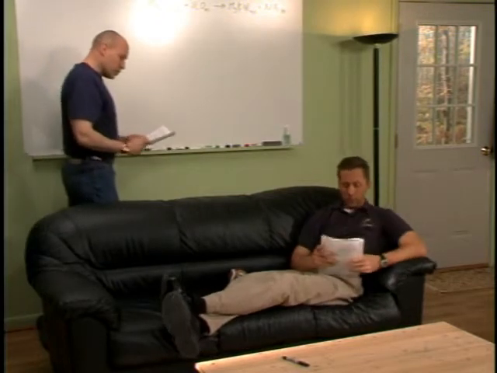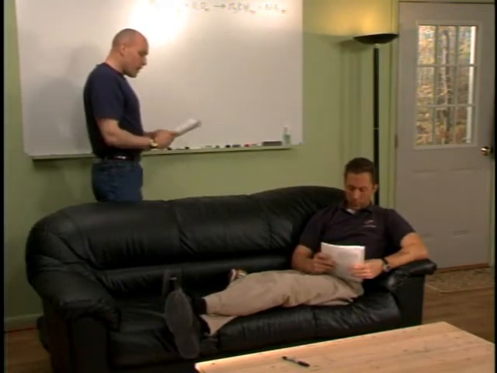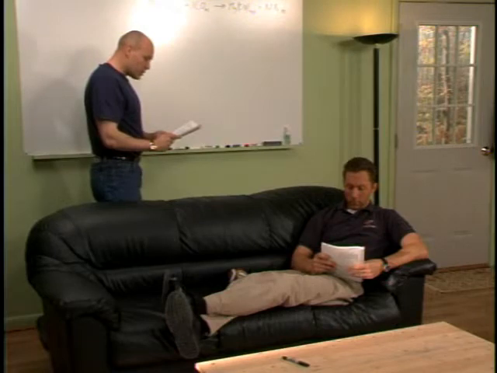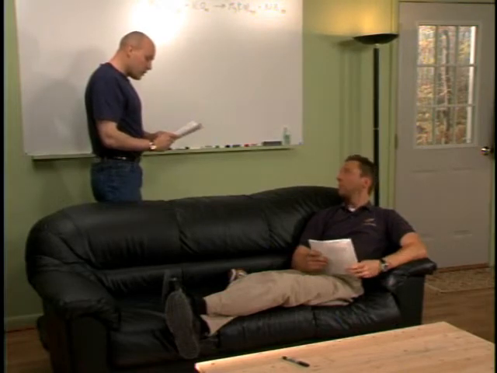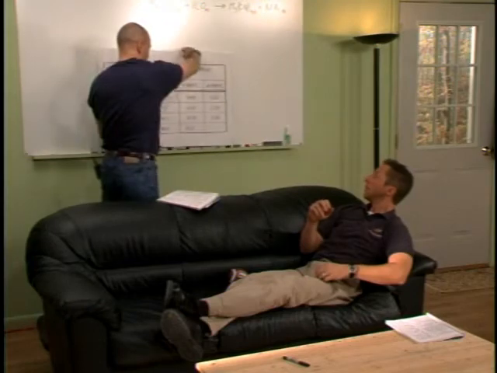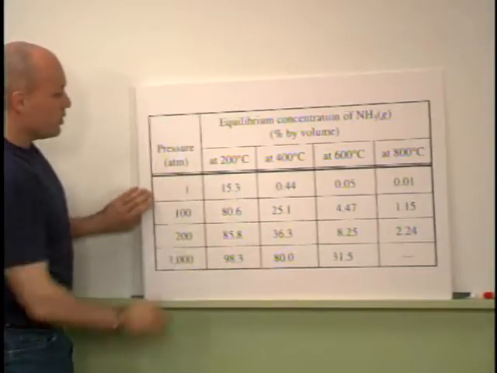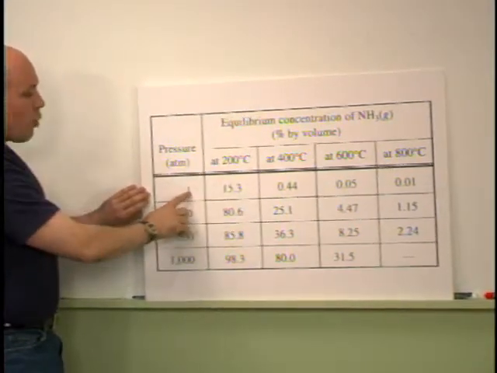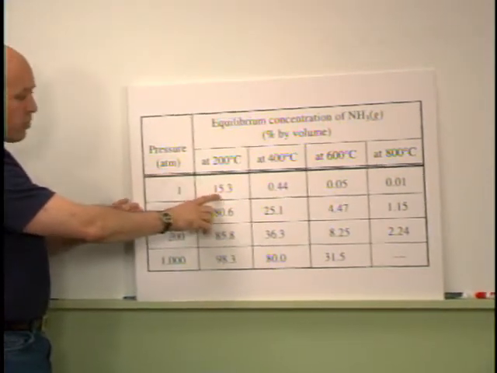Let's go to question number 2. Which of the following graphs best shows the effect of pressure on the equilibrium percentage yield of NH3 gas at 200 degrees Celsius? For this one, we're going to want to take a look at the table. And here we have our table. At 200 degrees Celsius, notice at 1 atmosphere, it's 15.3.